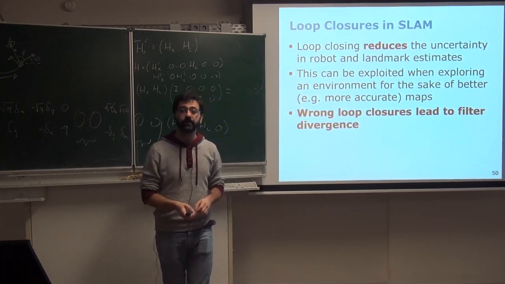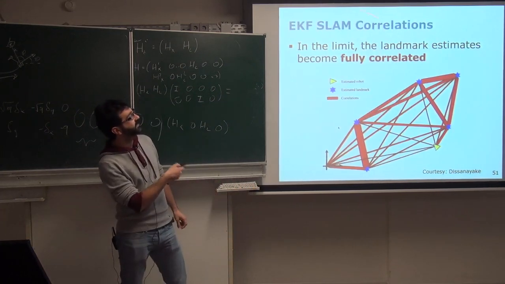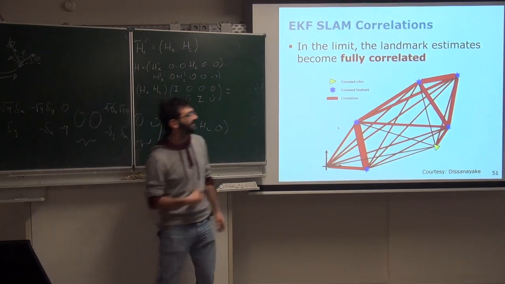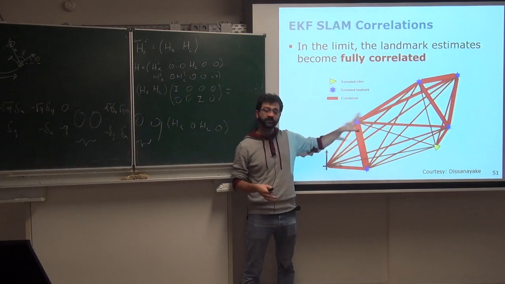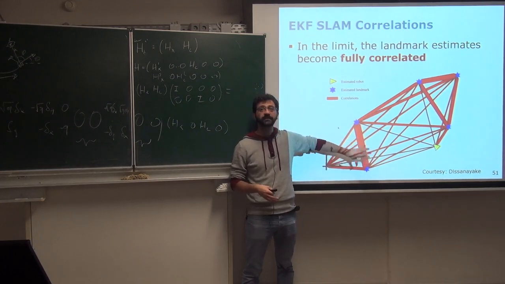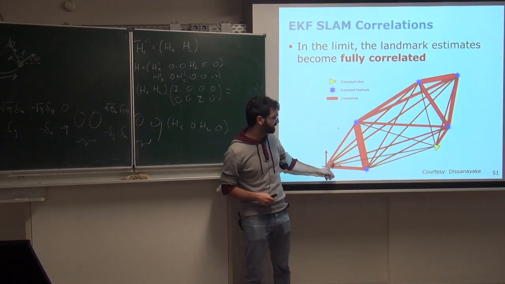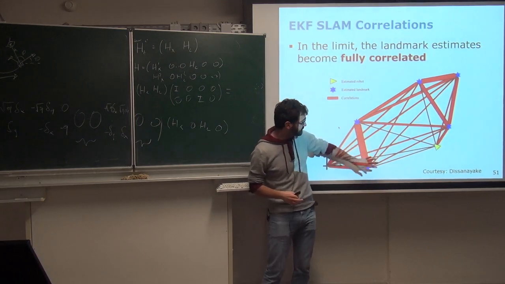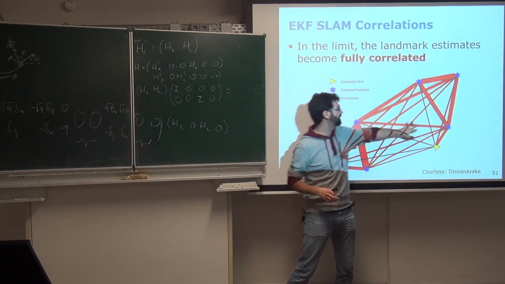The other interesting aspect of the EKF is that, in principle and theoretically, everything gets correlated with everything else. That will happen with certainty and will happen eventually. The reason is that every time you measure something and you get some information back, you propagate all of this.